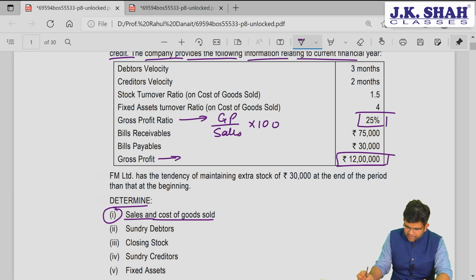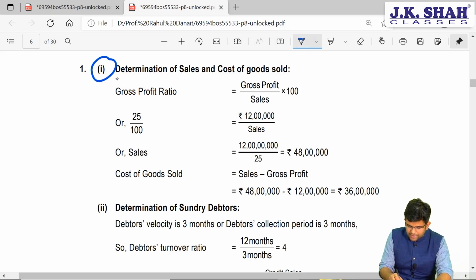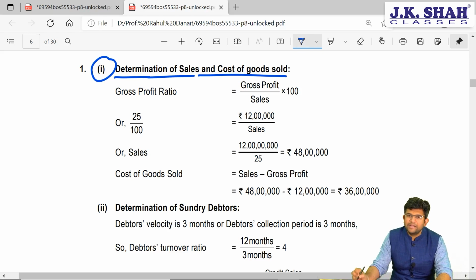And students, since we have the gross profit ratio and the gross profit, we can easily find out sales. And once we find out sales, from that sales, if we subtract 25%, we will get COGS. Okay, so let me take you to the solution here. Point number 1, determination of sales and COGS.